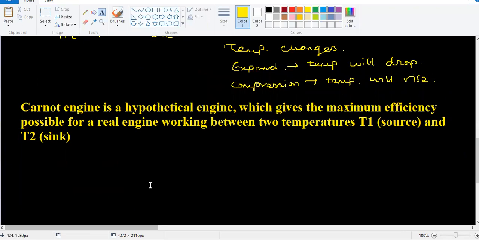I'm sure it's given in your textbook, but it might be buried inside a lot of paragraphs. So this is the main important purpose of Carnot engine.